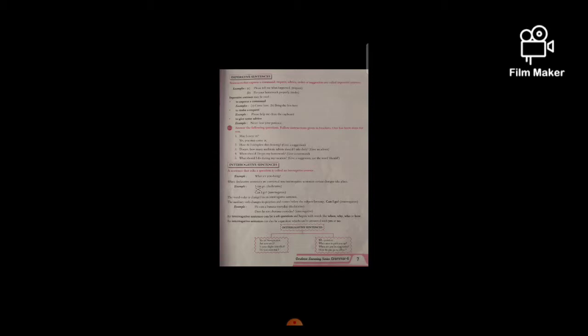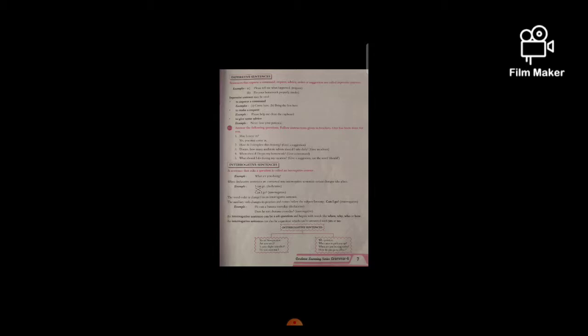Now we will read about interrogative sentences. A sentence that asks a question is called an interrogative sentence. We have example: what are you doing? And it is going to end with a question mark. When declarative sentences are converted into interrogative sentences, certain changes take place.